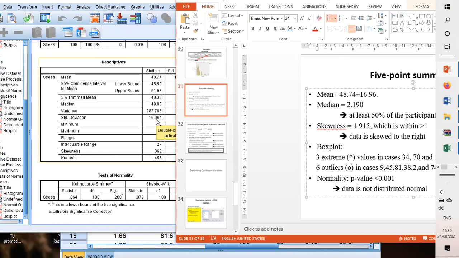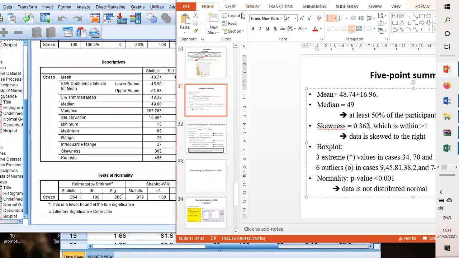Okay. Median. What's the median? 49. Close to the mean. Skewness: 0.362.